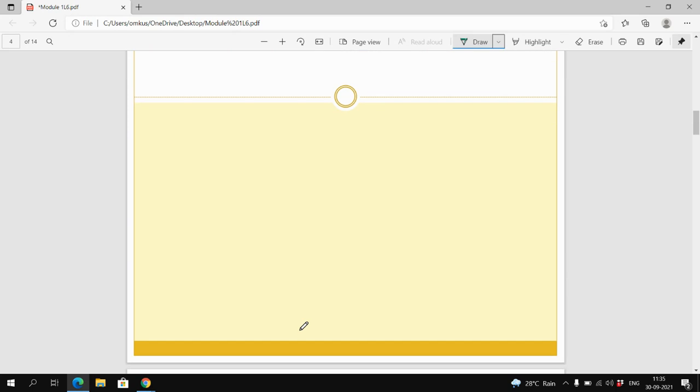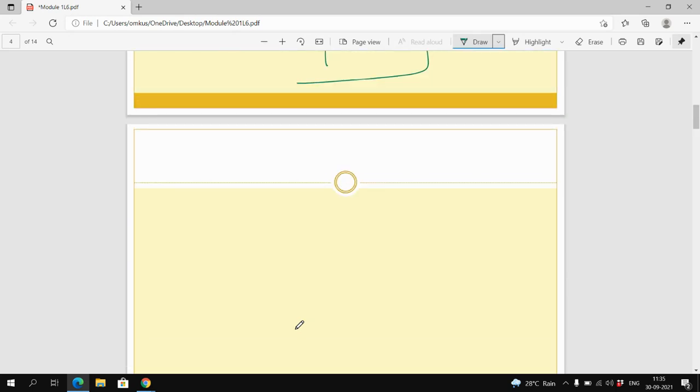Now see one example. What is the R equivalent in this circuit, which has 3 ohm? Yes, answer. What is R equivalent? Have you solved this problem?